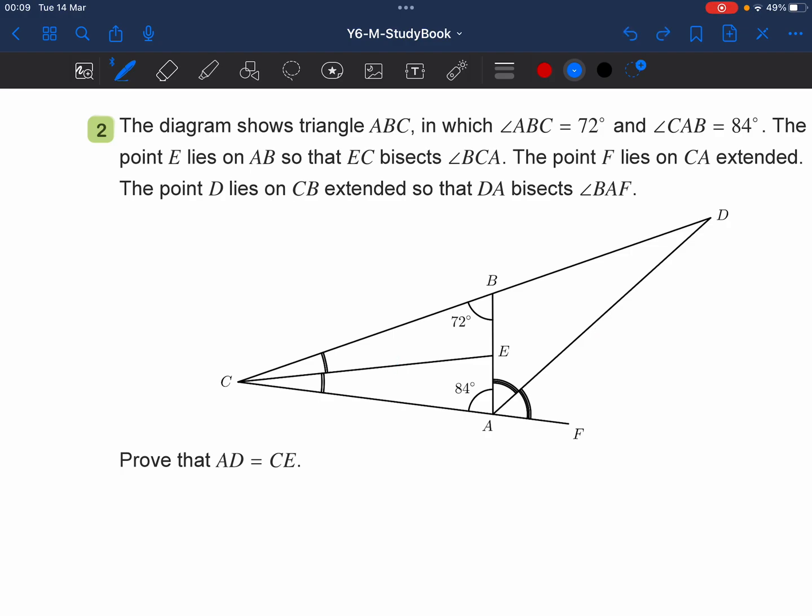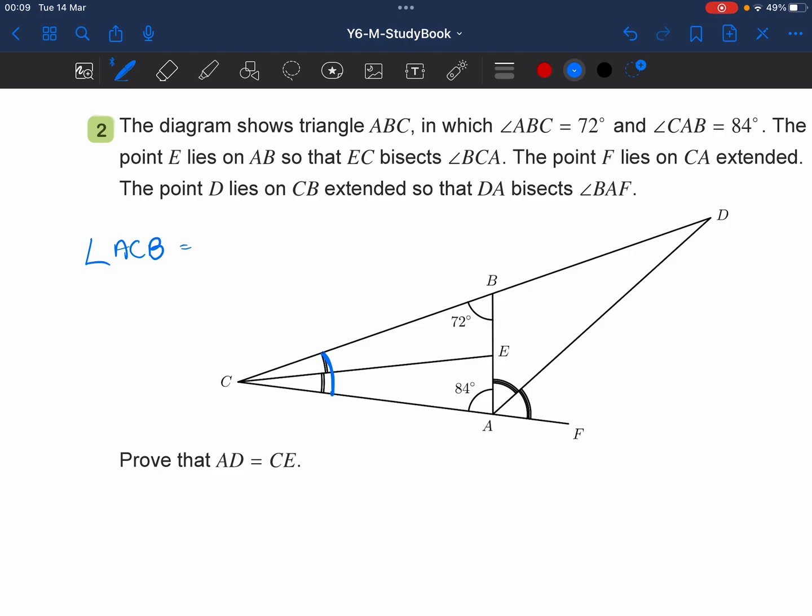Now, the two angles we're told about, 72 degrees and 84 degrees, are both angles in this triangle ABC, as labelled. So we can try and find the missing angle, which would be this angle at point C. Using the fact that the interior angles in a triangle add up to 180 degrees, the angle at point C, or ACB, is going to be equal to the difference.